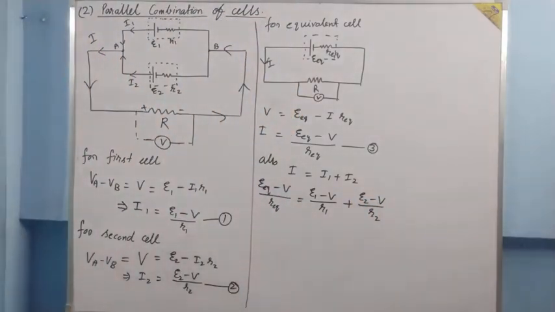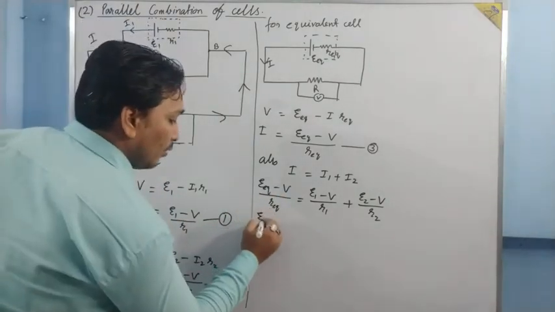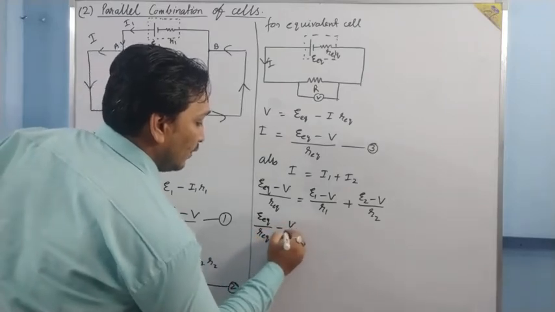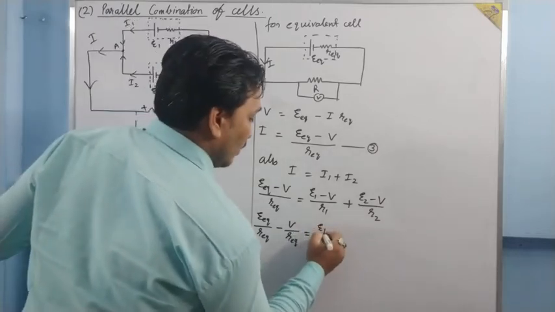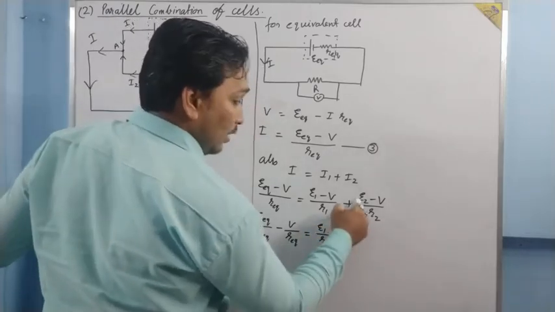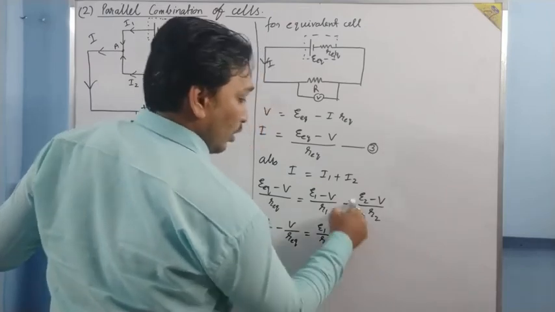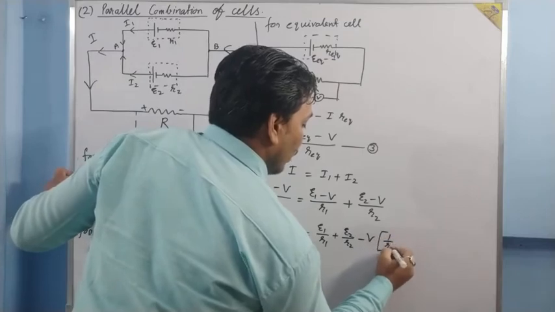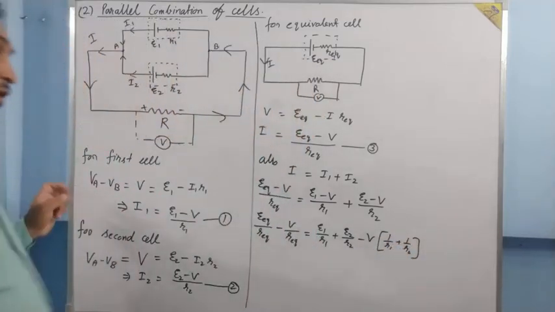Now just separate them. It will become E equivalent upon R equivalent minus V upon R equivalent is equal to E1 upon R1 plus E2 upon R2, minus V times, if I take it common, 1 upon R1 plus 1 upon R2.